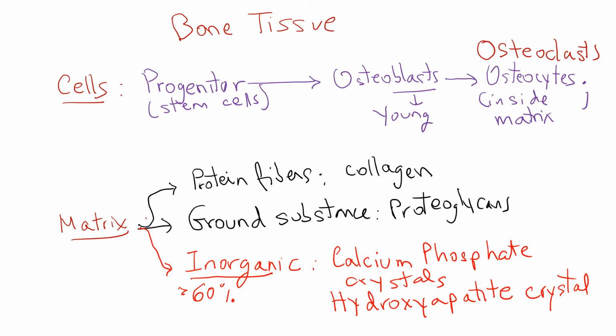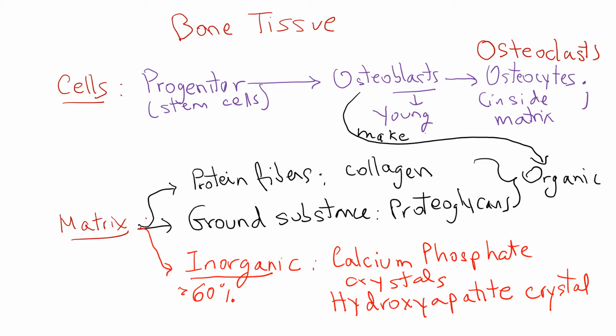Protein fibers and ground substance are an organic component made and secreted by osteoblasts. The organic component of the bone matrix is also called the osteoid.